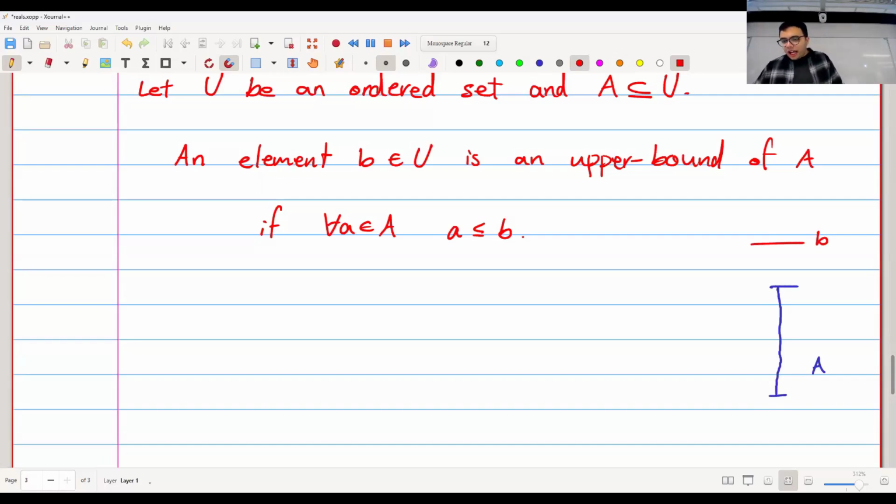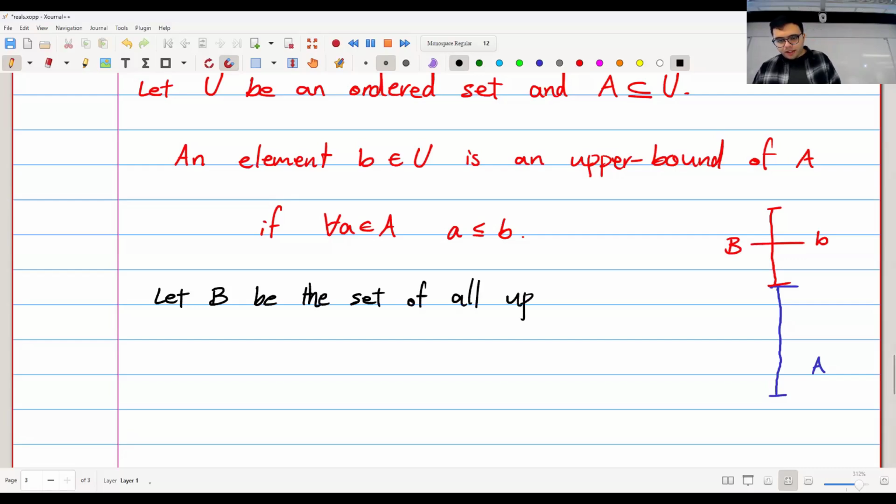So I can look at the set of all upper bounds of A, and let's call that set B. So this is B, the set B of all the upper bounds of A. And then I want to take the smallest element of this B. So I say, let B be the set of all upper bounds of A.